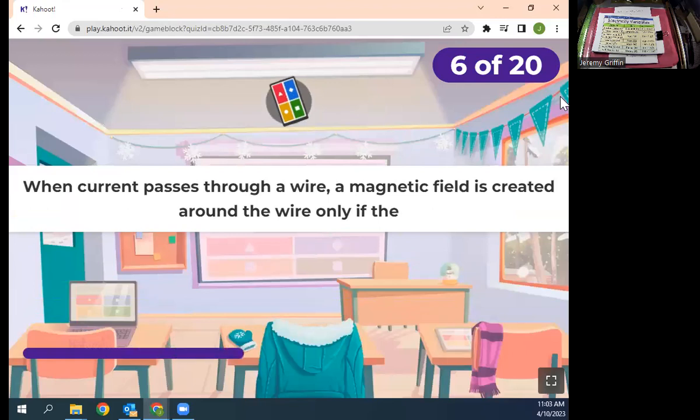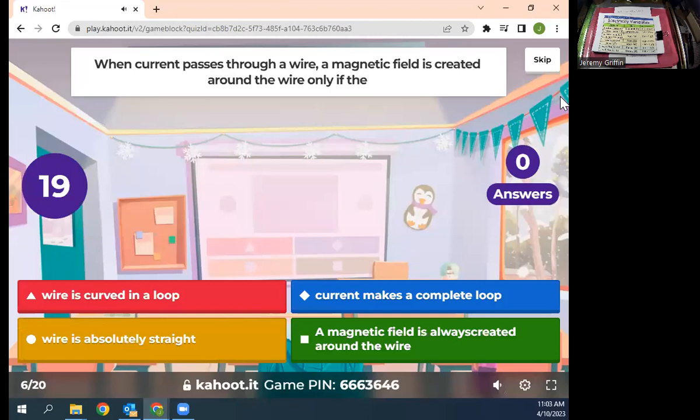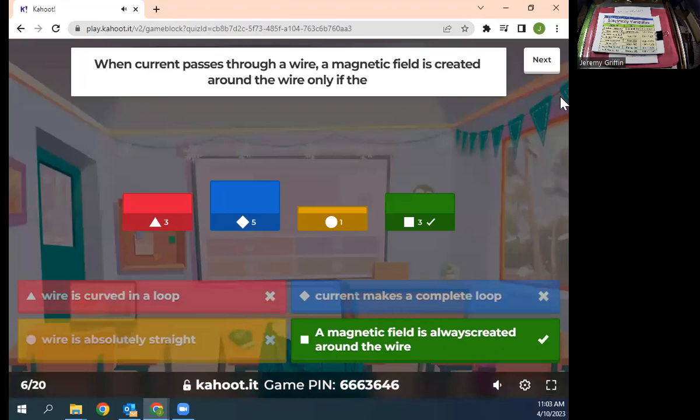When current passes through a wire, a magnetic field is created around the wire only if... yeah, there you go.